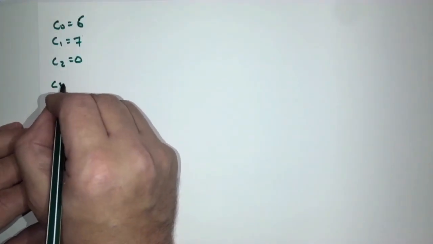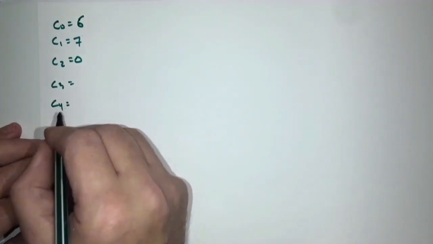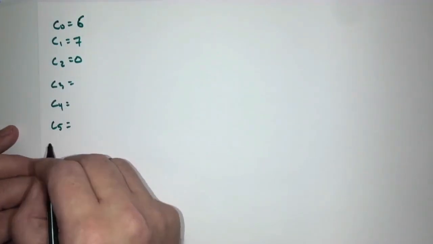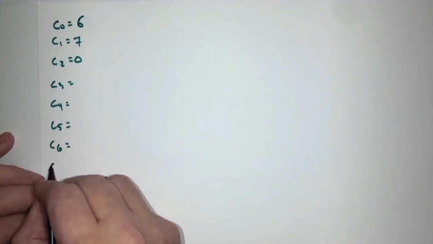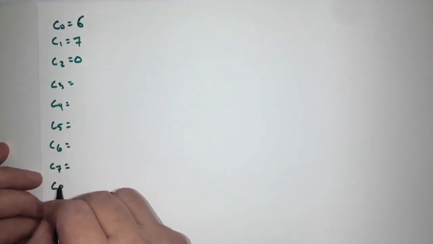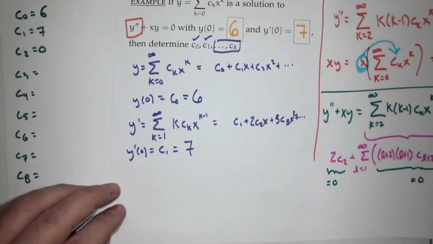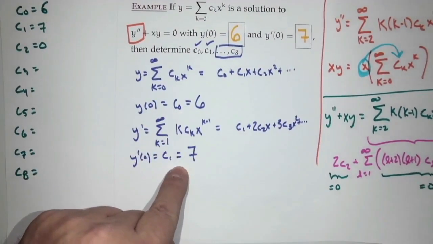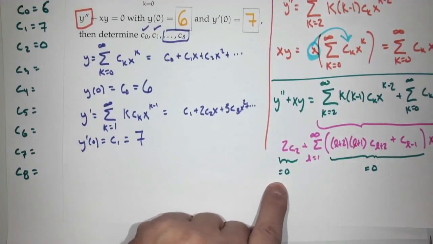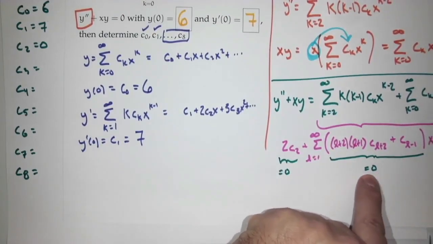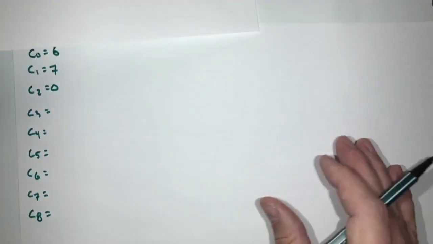And we just have to find a bunch more stuff. That's no problem. 6 more to find. So I'm just copying C0 equals 6, C1 equals 7, C2 equals 0. And we have this. So what does that say?